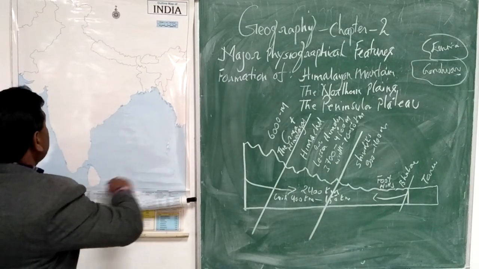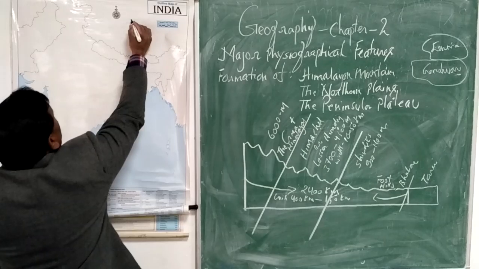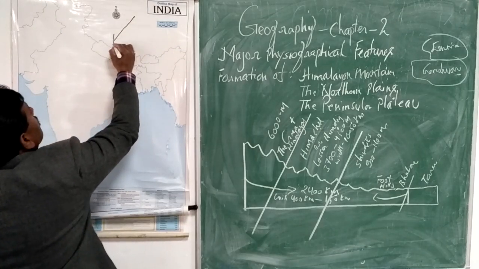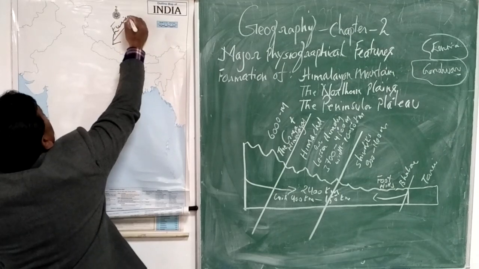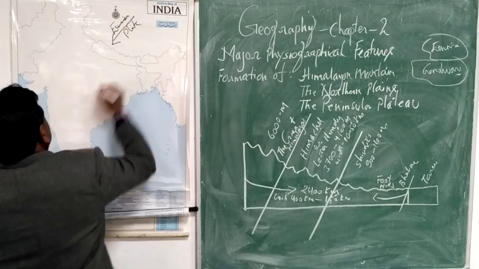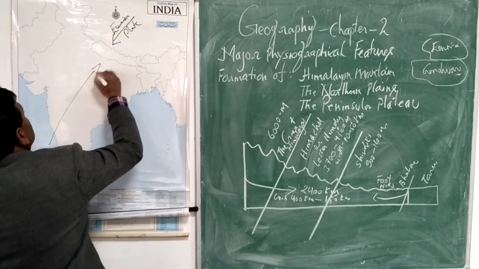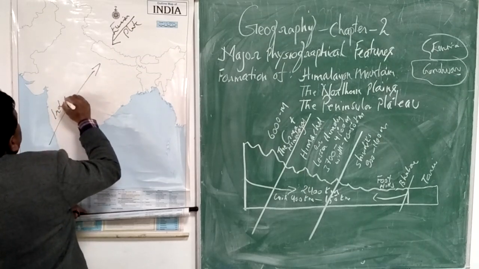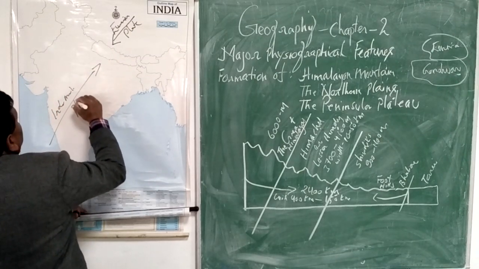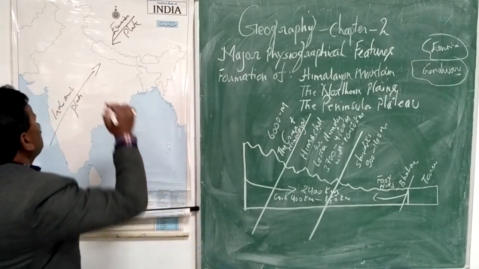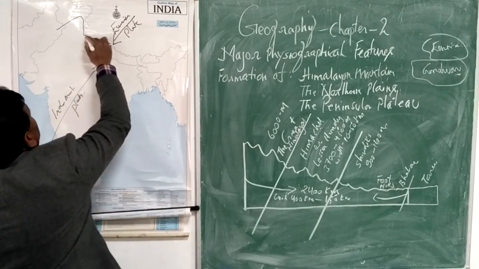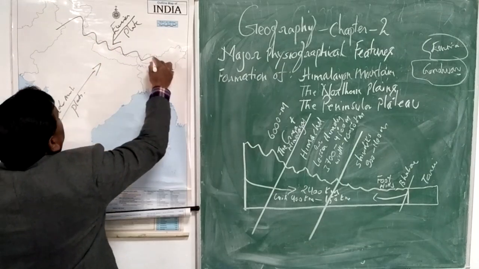If you see, this was the Eurasian plate, and the movement from here, this was the Indo-Australian plate, which I discussed, resulted in the formation of the Great Himalayas.